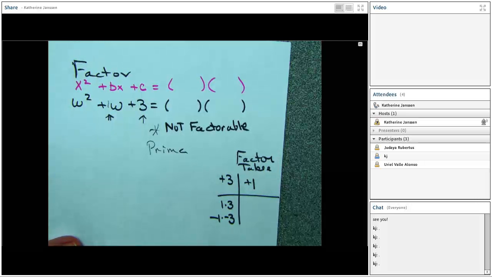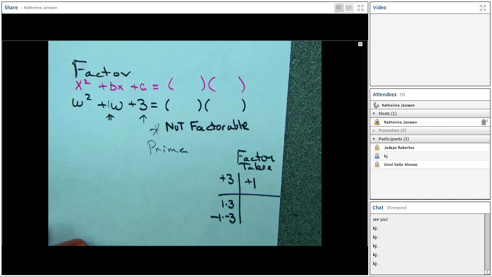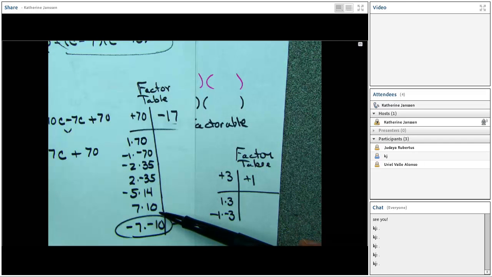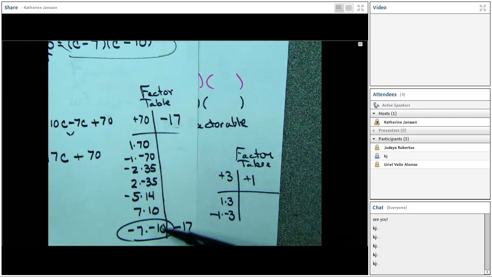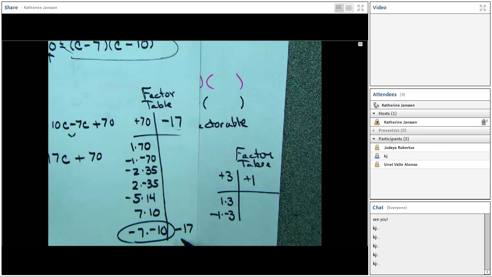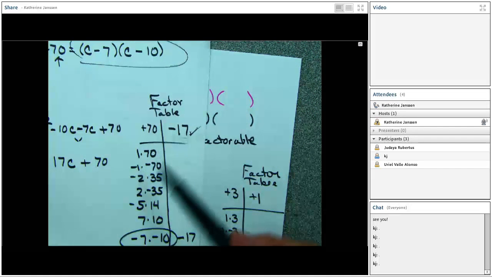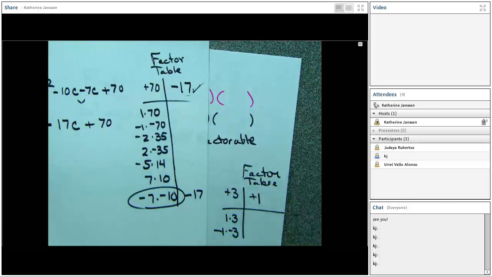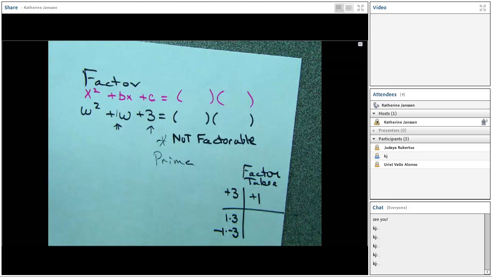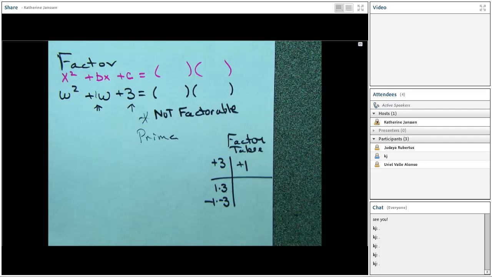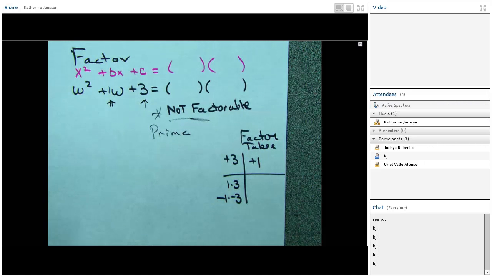But here we had some trial and error as we built our factor table, just weren't coming upon that factor pair that matched this required sum. And sometimes that trial and error factor table even takes a little more trial and error. But with prime numbers, you can easily determine your factor pair combinations and determine if it's factorable or not.